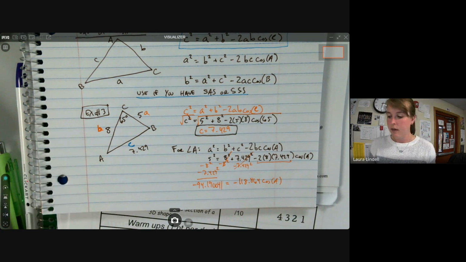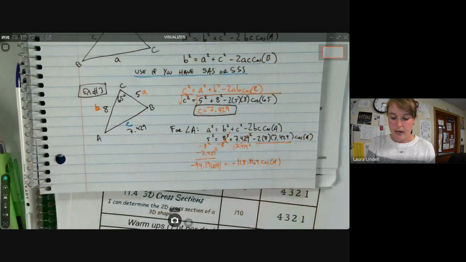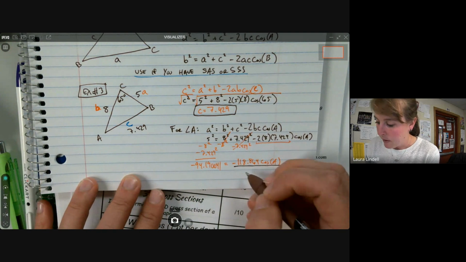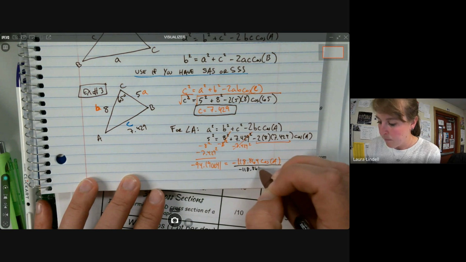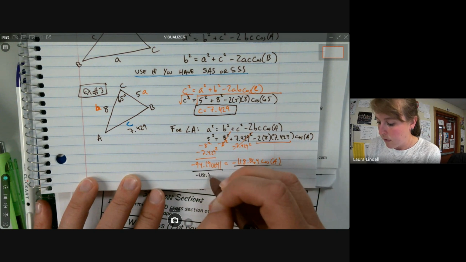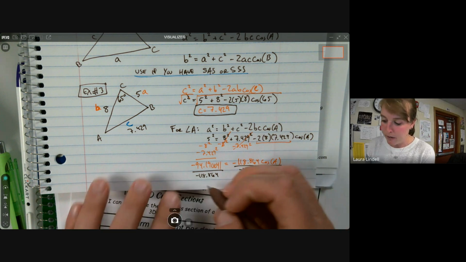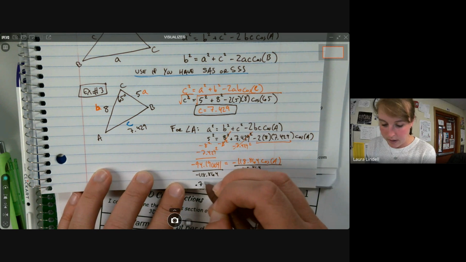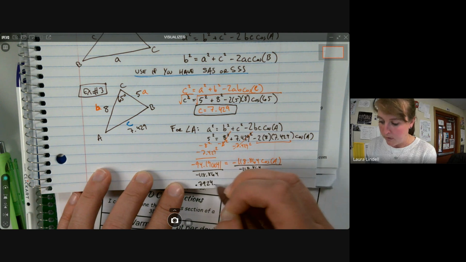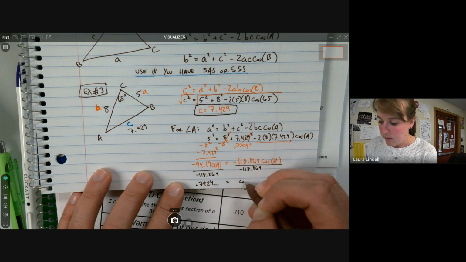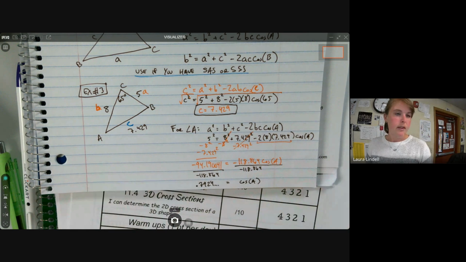Okay. Now we're almost there. I need to get the cosine of A by itself. So I need to divide on both sides by negative 118.864. So we're going to divide the negative 94 with all the decimals. And we get a big long thing, 0.7924, whole bunch of stuff, equals cosine of A. All right.